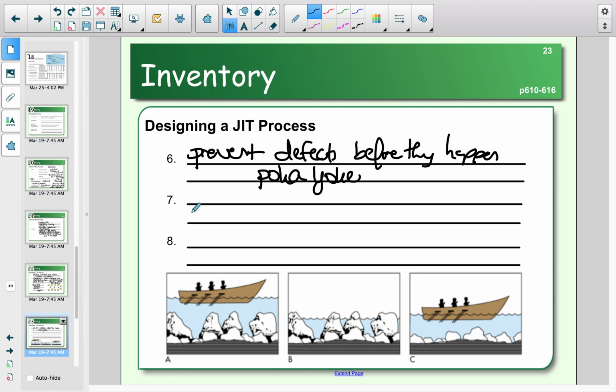Other examples of poka-yokes would include when you go to the bank and pull money out of the ATM. When you put your card into the ATM, you ask for your cash. When your card is being returned to you, you'll notice it beeps until you take the card. The idea here is to warn you that your card is there and not to forget it.